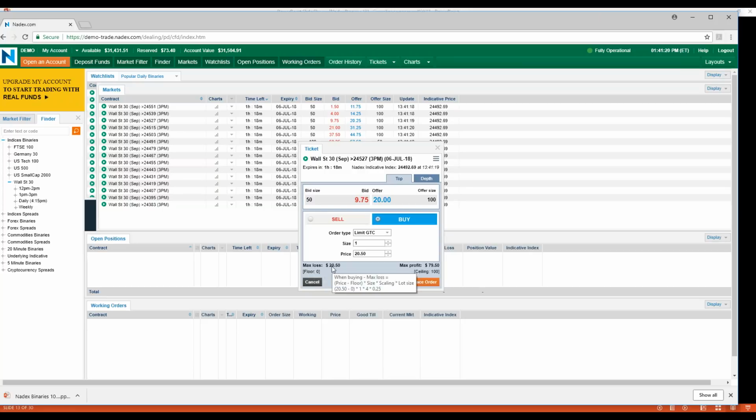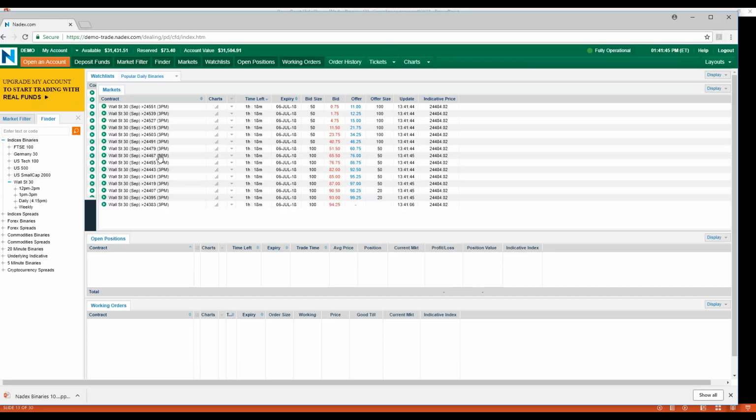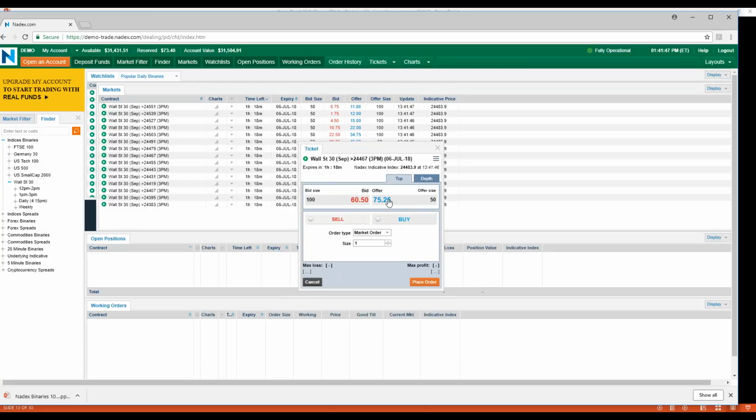Max loss, what? $20.50, because that's what it was when I clicked it, right? Max profit is what? $79.50. If I add this number and this number together, what do they equal? $100.